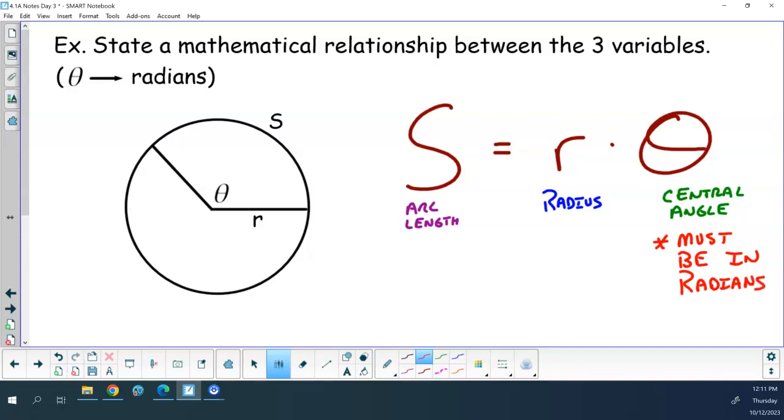If you are going to use this formula, your central angle theta has to be in radians. So if your angle that's given is in degrees, you first got to convert. If the answer that you're looking for needs to be in degrees, after you get the radians, then you got to convert it to degrees. But if we're utilizing this formula, that central angle has to be in radians. Okay?